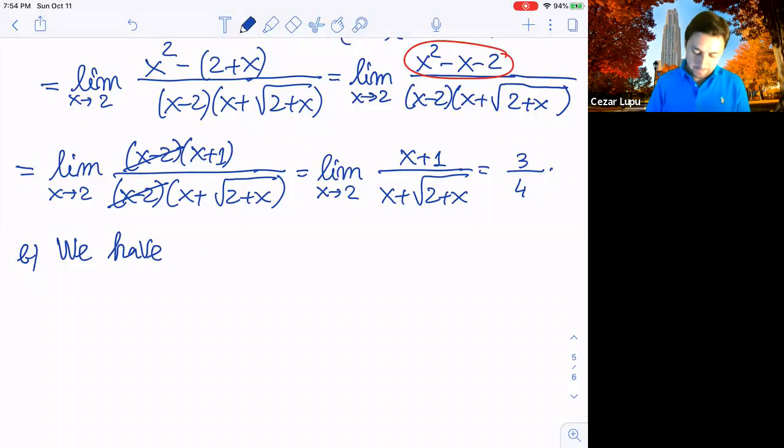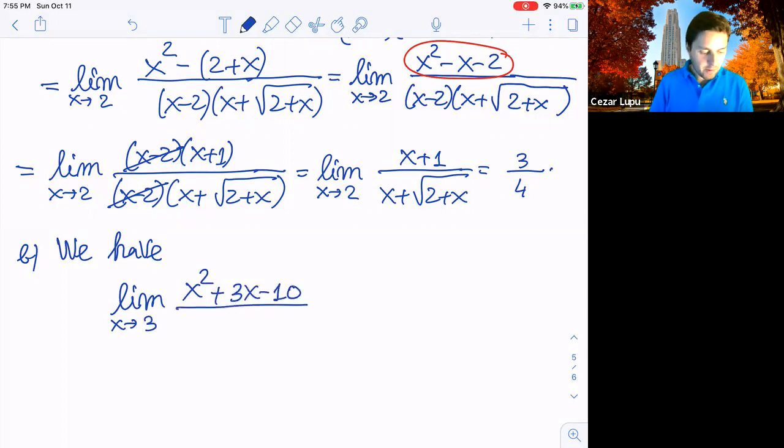So we have the limit as x approaches 3 of x squared plus 3x minus 10, everything over 3x squared plus 5x minus 7, right? Okay. Now, the first thing, like we said, we're going to try direct substitution.